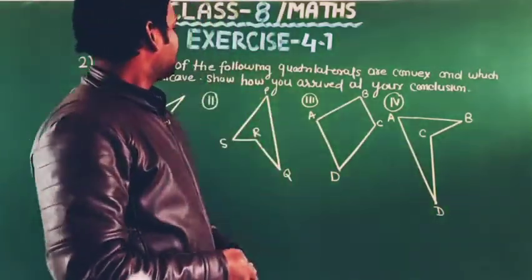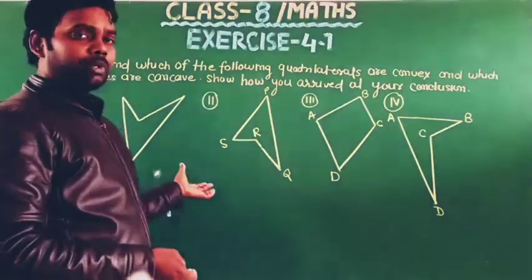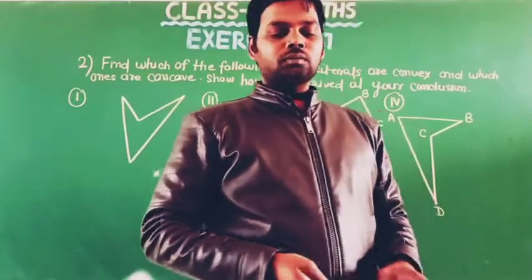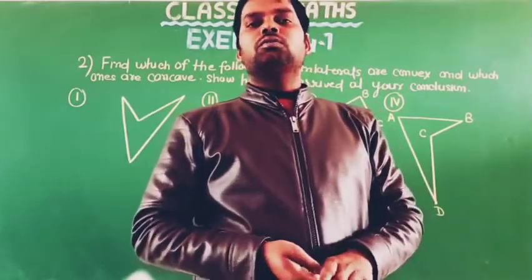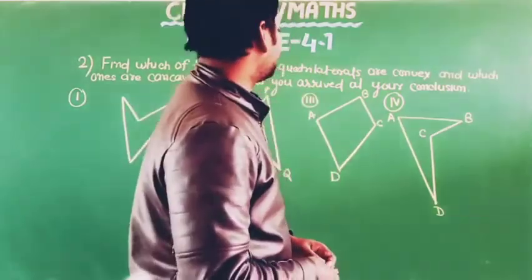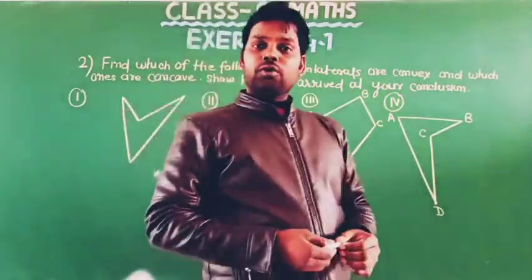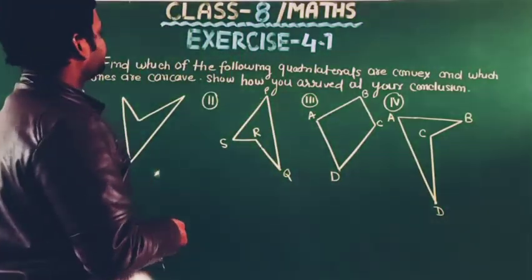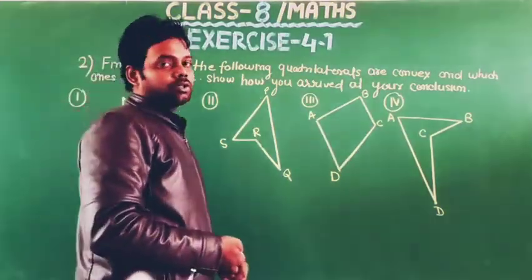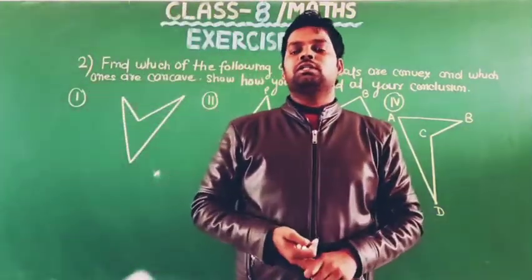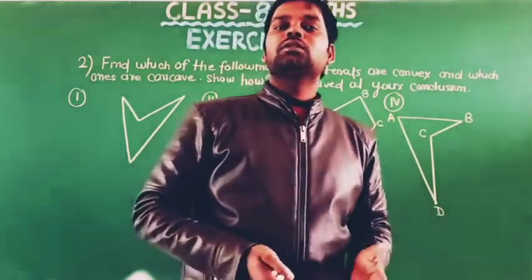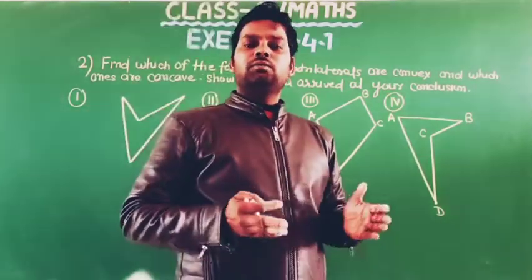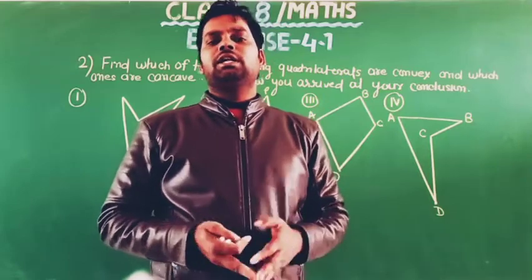We are given the figures of four quadrilaterals. To identify which are convex and concave, first we recall the previous discussion on the types of quadrilaterals. There are two types: first is convex and second is concave.